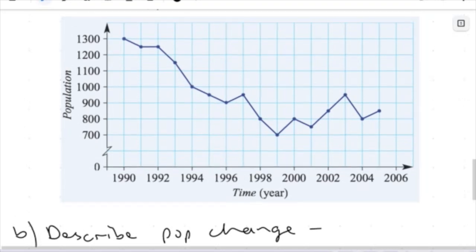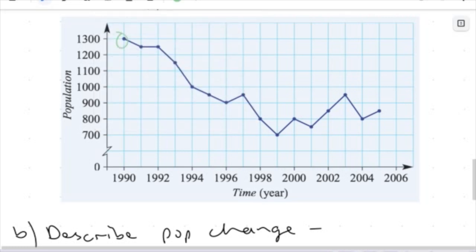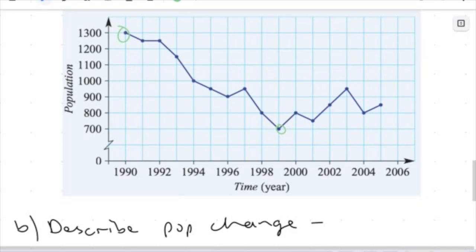And we can clearly see here that the population from about this point down to, let's say, this one down here, we are pretty much decreasing. So we can see that my population starts at 1,300, it's going down.